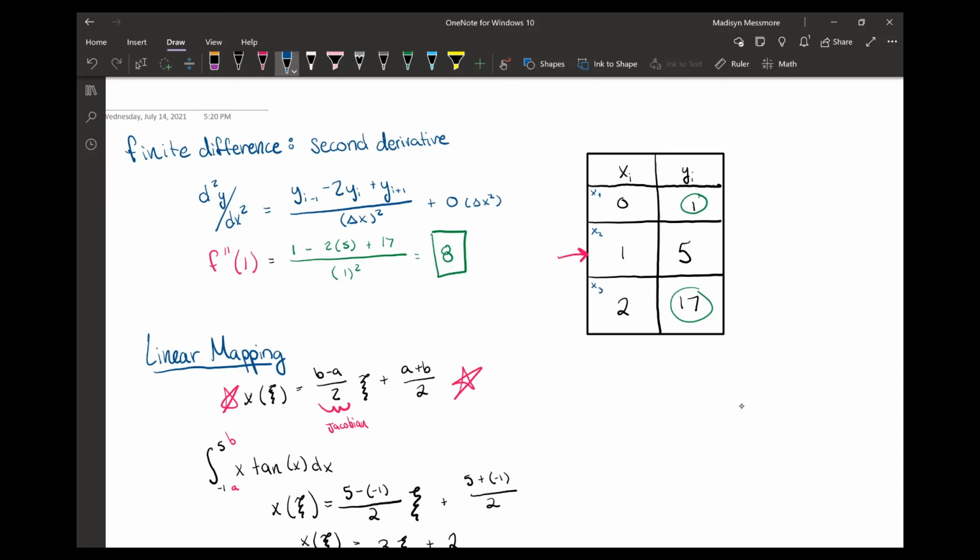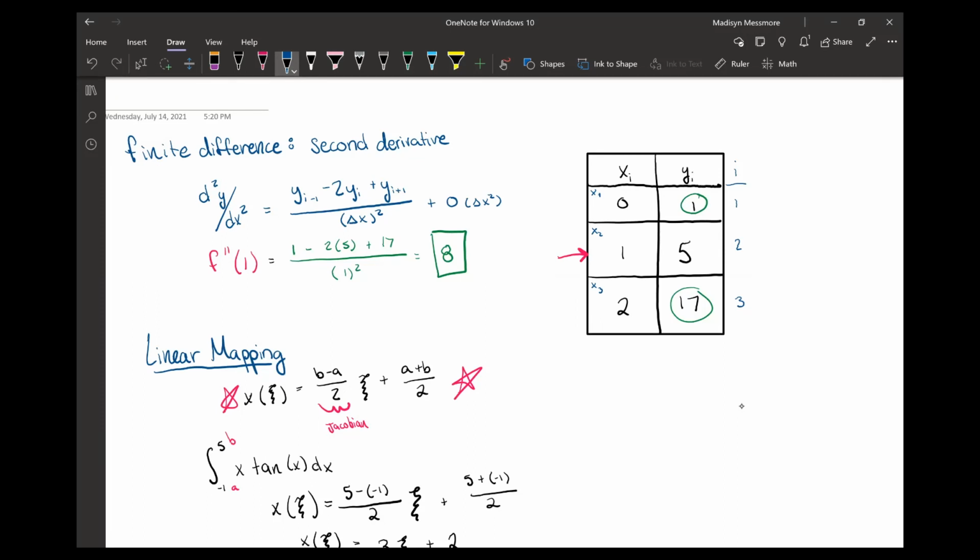Anywho, with the second derivative, you can only find the second derivative at this midpoint, the second point right here, if you're given three points, because the formula requires that you take the y value evaluated at the x before the one that you're looking at, the y value evaluated at the x that you're trying to find the second derivative of, and the y value evaluated at the x after.